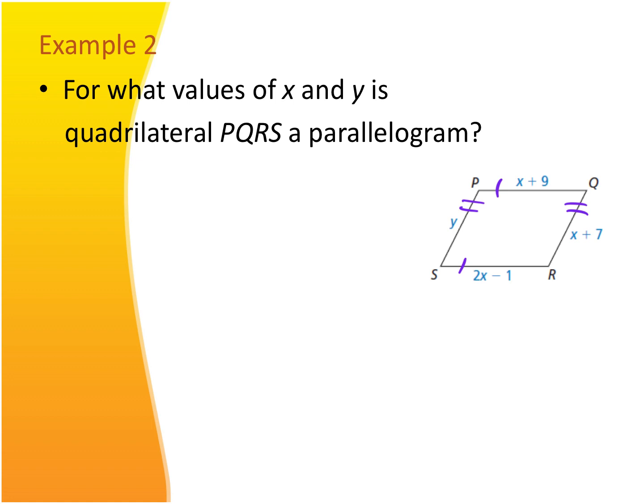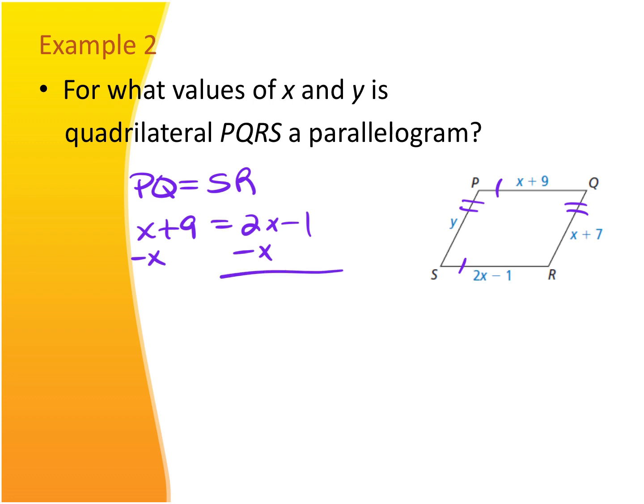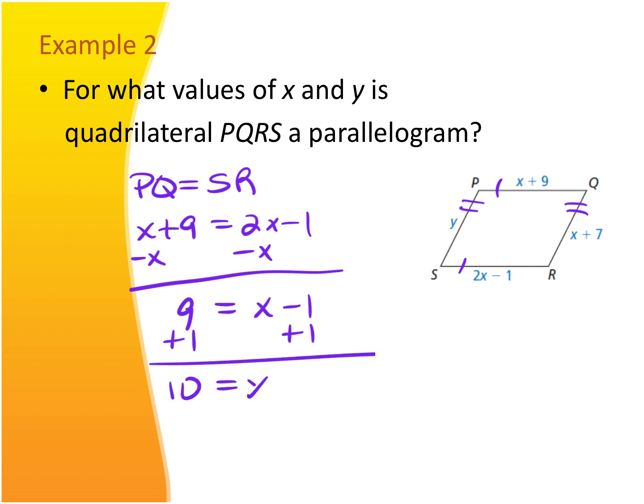I'm going to set PQ equal to SR. PQ is x plus 9. SR is 2x minus 1. I need to get my variables together. I get 9 equals x minus 1. Add the 1. 10 equals x. So my value of x is 10.